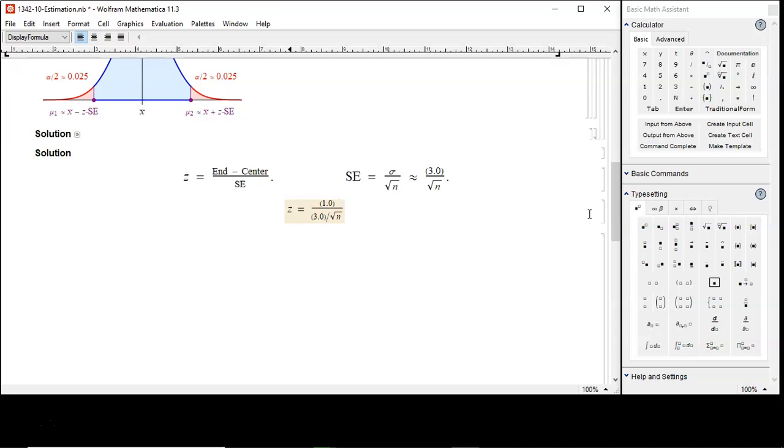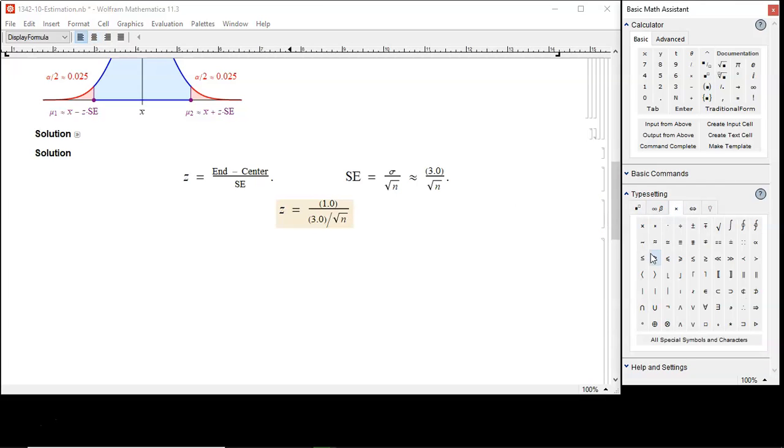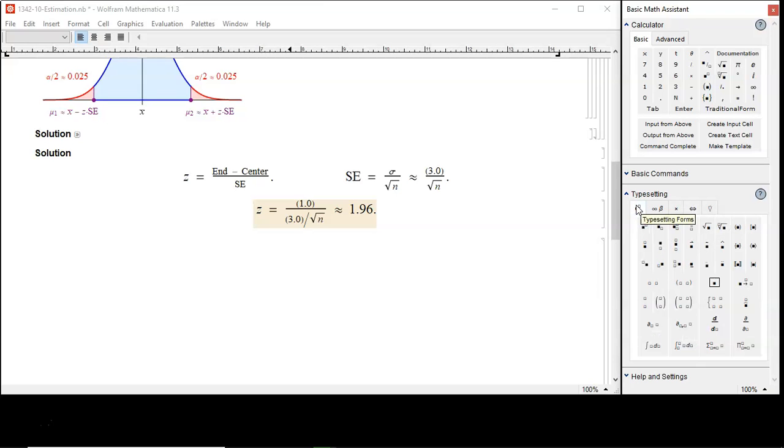And let's increase the font so that you can read better. And that's approximately equal to 1.96, the z-score associated with 95% confidence level.